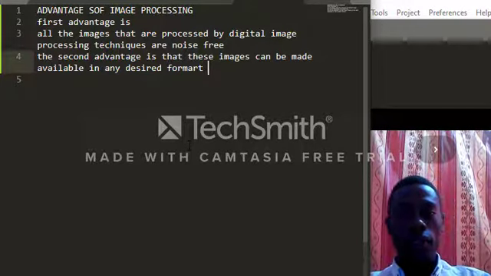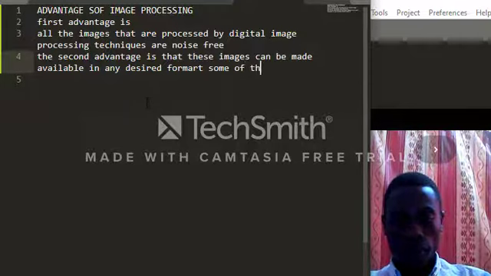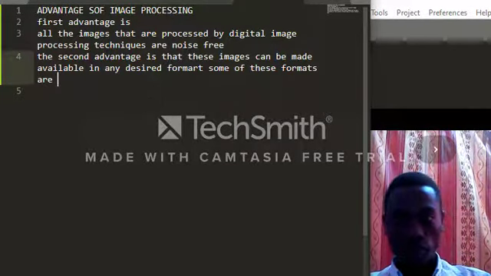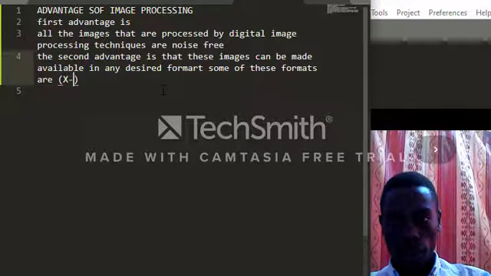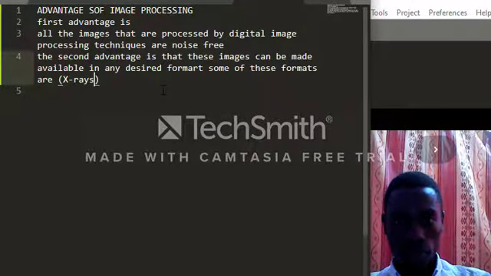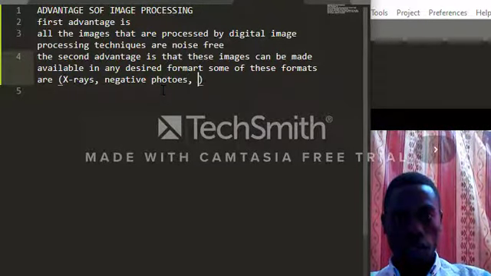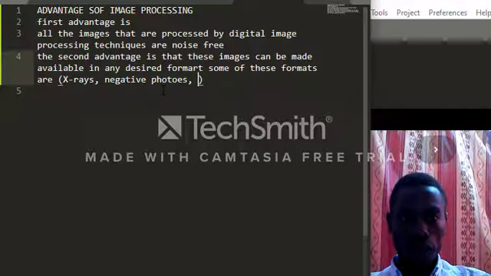And some of these formats are X-rays, negative photos, and another format can be an improved image.